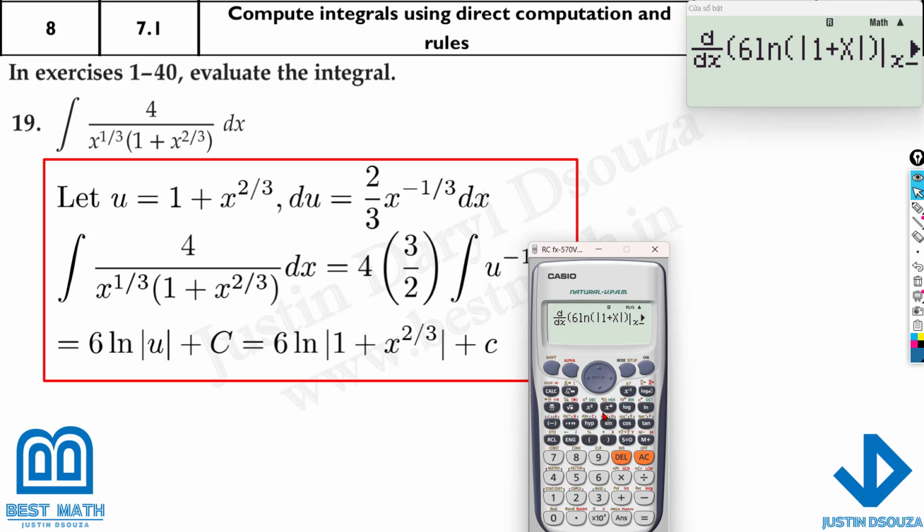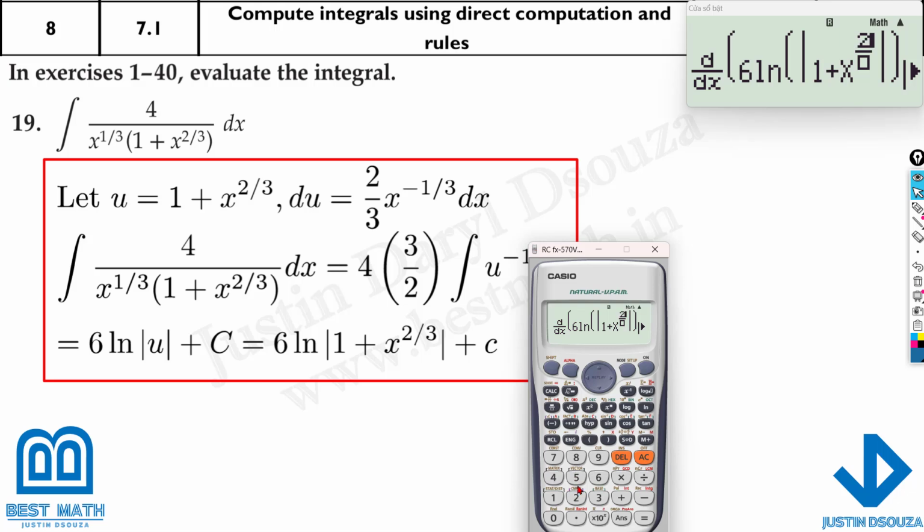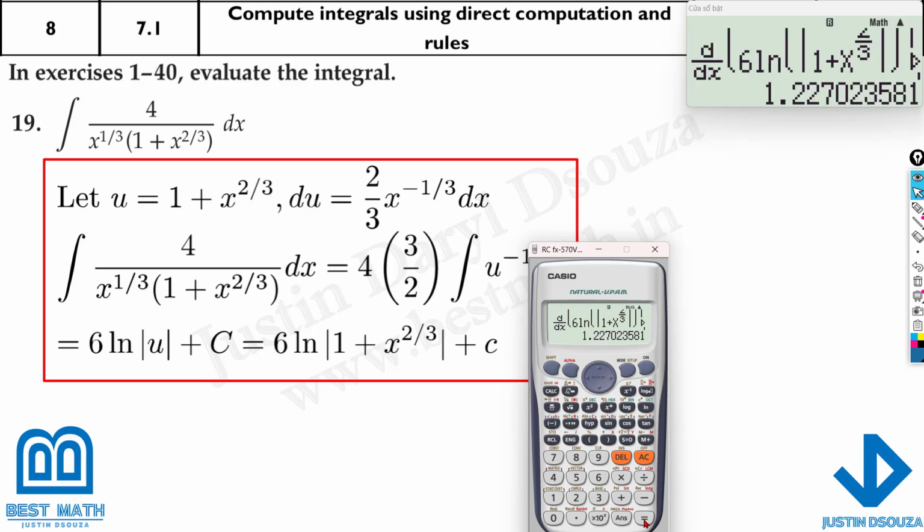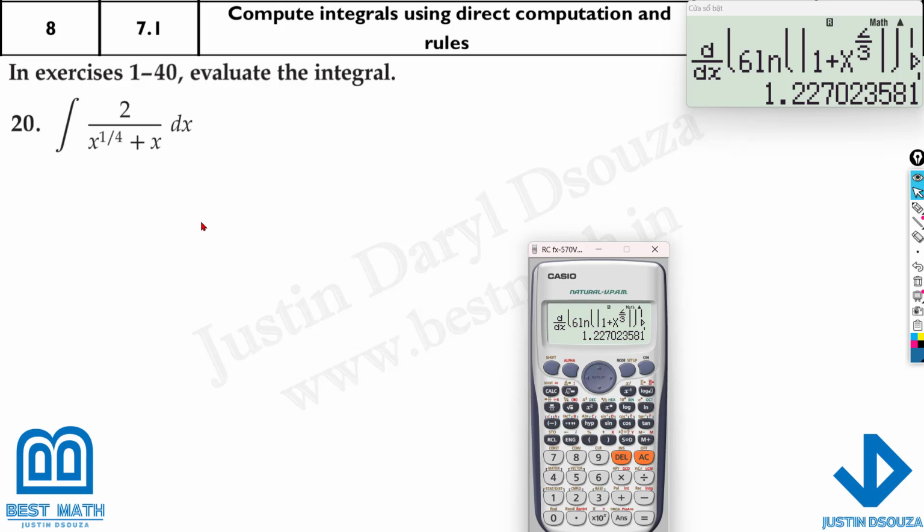So I will just press x, and then this one over here is 2 by 3. And we press next, and make sure you close this bracket, because when we click on ln, by default a bracket opens up. It's at 2. It's 1.227. Yes, that was the value which we had.